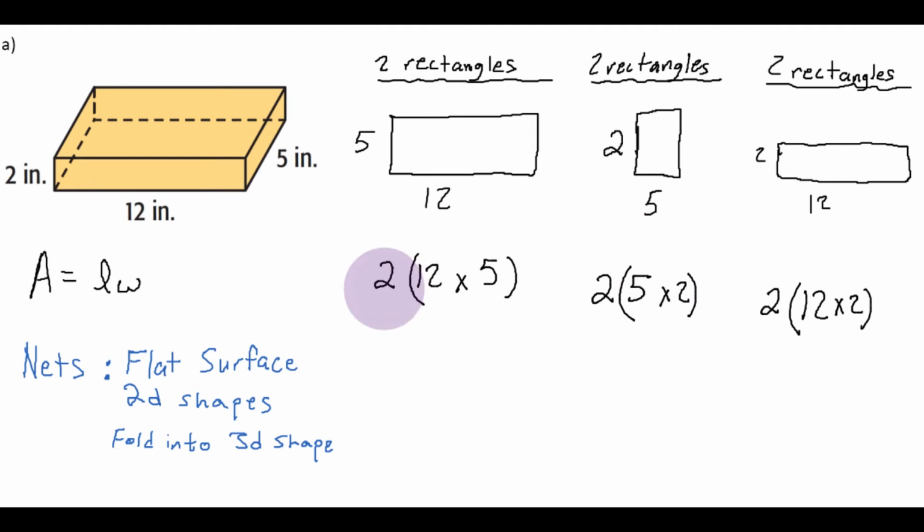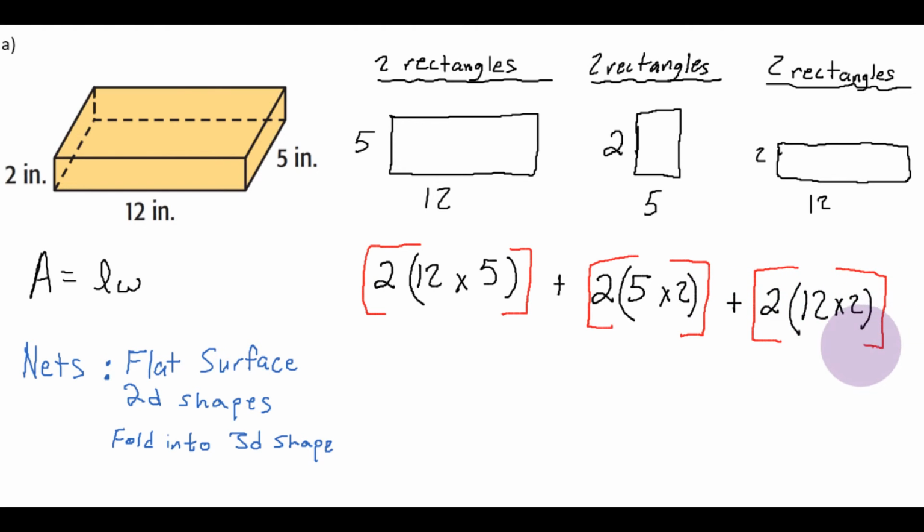So all I have to do here is find the area of each individual shape, double the area for each individual shape, and then at the very end add all of that information together. I'm going to do one last thing. I'm going to put brackets around this information here, around this information here, and around this information here.